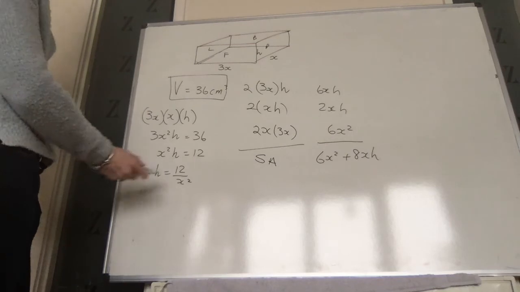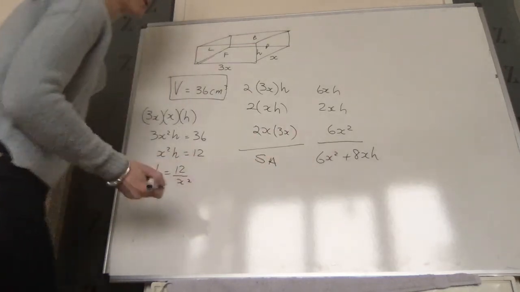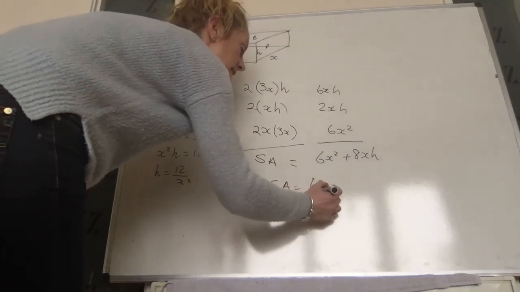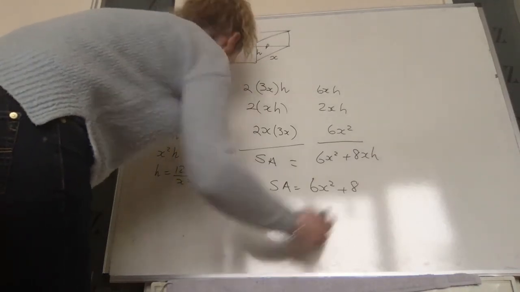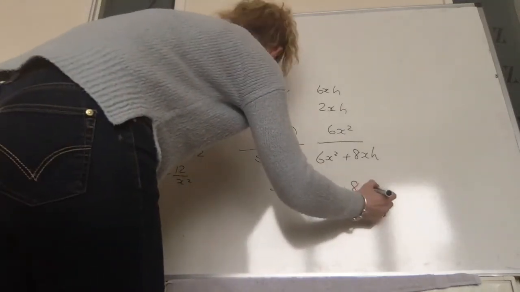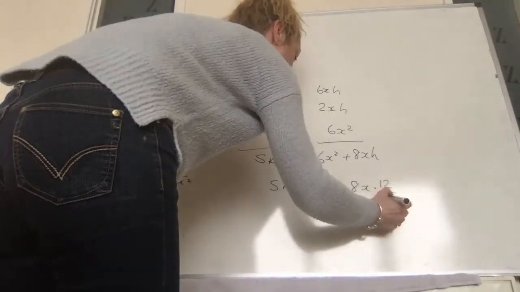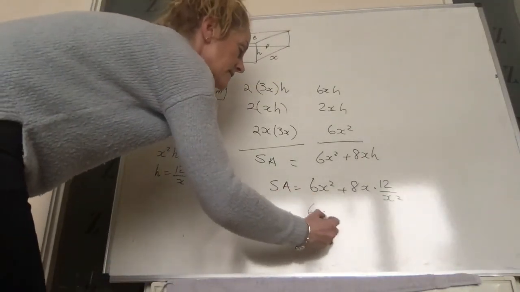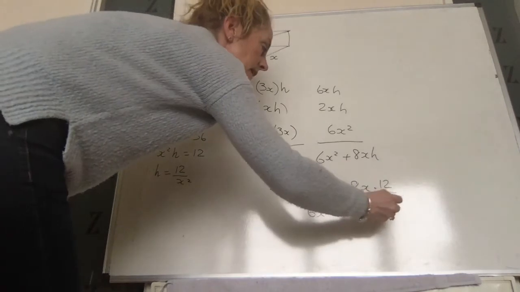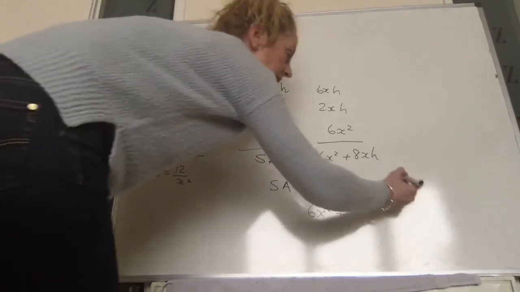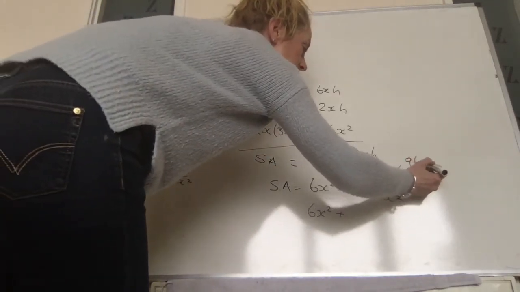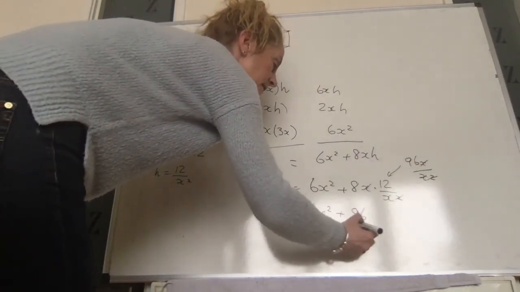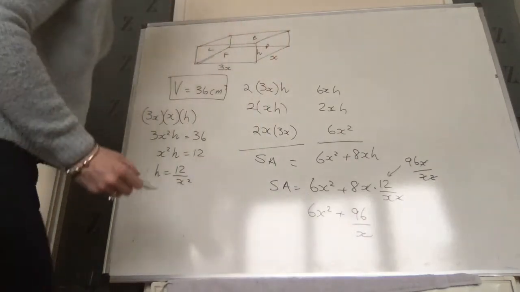Okay, now we can put that in here for h. So the surface area of the box is 6x squared plus 8 by x by 12 over x squared. Okay, so that is 6x squared plus 96x over x squared, and divide top and bottom by x, so plus 96 over x.